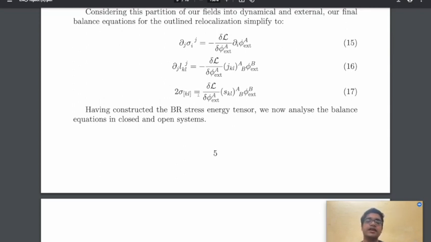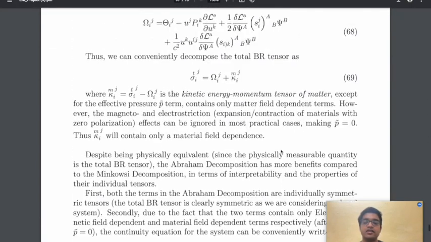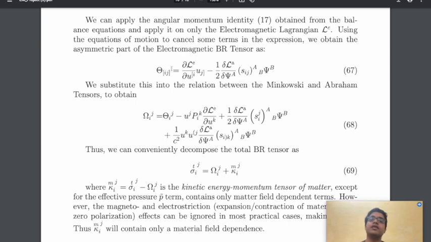So we'll take this equation and plug in not the total Lagrangian, but just the Lagrangian for the electromagnetic fields, and in the expression we get, some of the terms are going to get cancelled from the equations of motion. That is just the Euler-Lagrange equation for the total Lagrangian for this system. And the equation that we finally obtain is as follows. So this is the antisymmetric component of the Minkowski tensor.